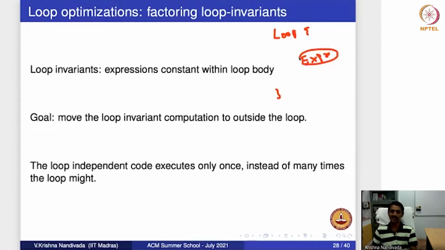If the value of this expression does not change, then it's a loop invariant. I can compute this expression outside: I'll write T1 equal to EXPR, and wherever this EXPR is there, I'll replace it with T1. Do you see that this is efficient?